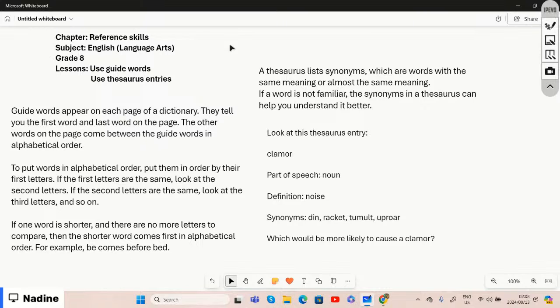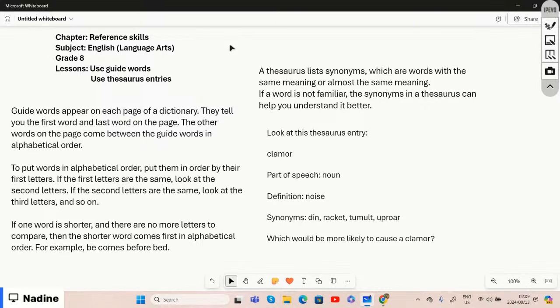And we call that guide words. They will guide you as to how and where to look for certain words within a dictionary. So both a dictionary as well as a thesaurus have guide words.